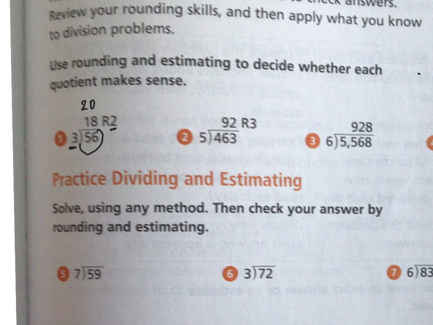So I want you to look at, you have 5 here. And here's what my answer was, my quotient. I would say that 92 is pretty close to 100, right? I can round that up. Now, can I do 5 times 100? Can I count by hundreds 5 times? 100, 200, 300, 400, 500.